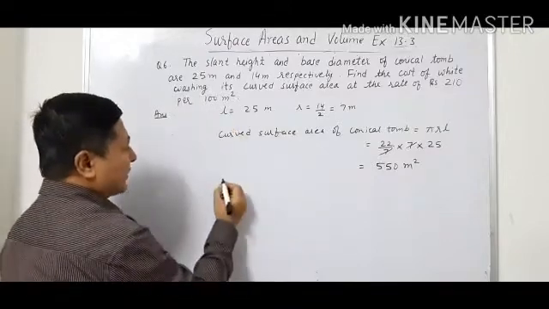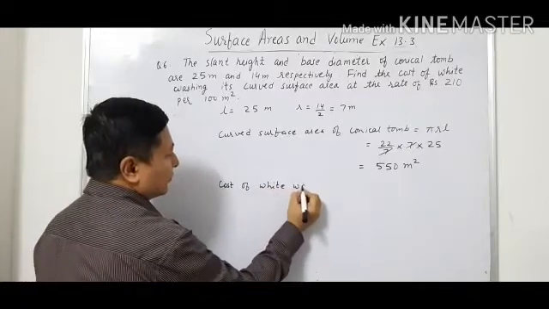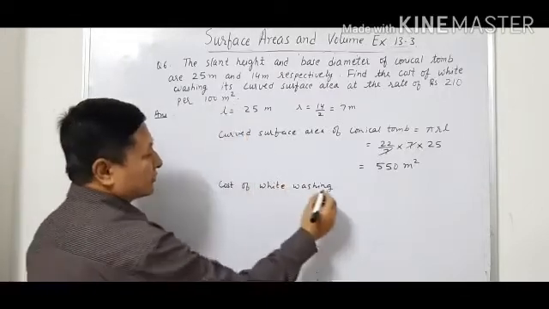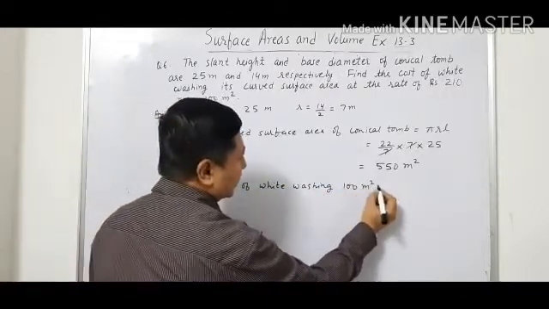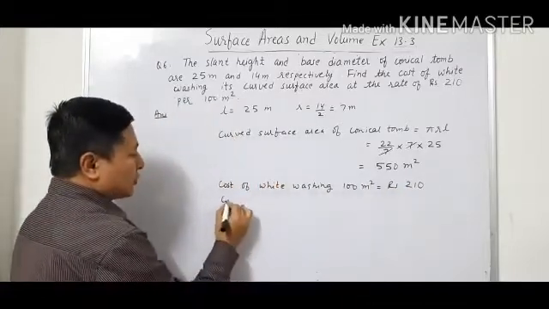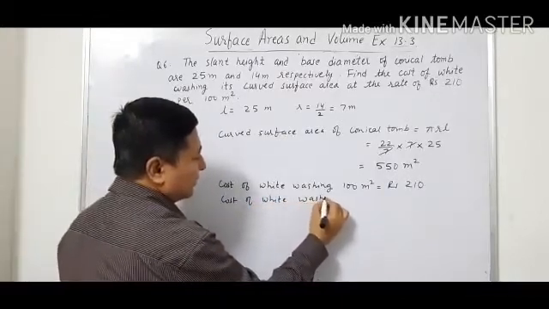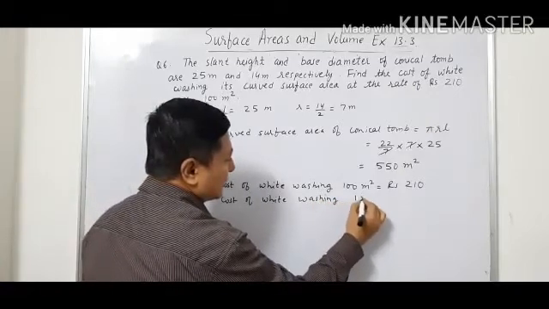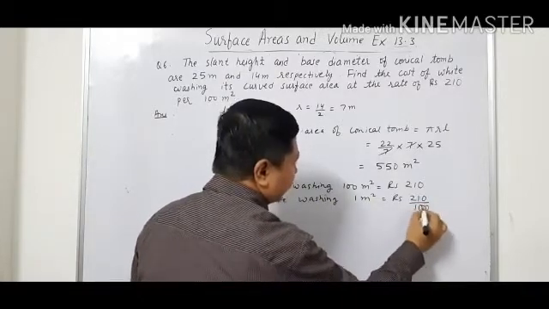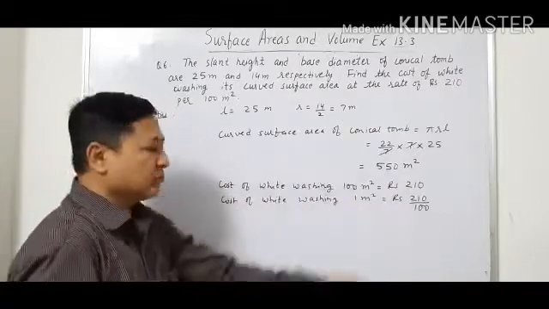Now we have to find the cost of whitewashing. In the question it is given that the cost of whitewashing 100 meters square is rupees 210. So the cost of whitewashing 1 meter square will be rupees 210 upon 100, and we have to find the cost of whitewashing 550 meters square.